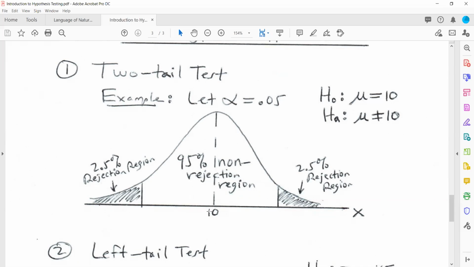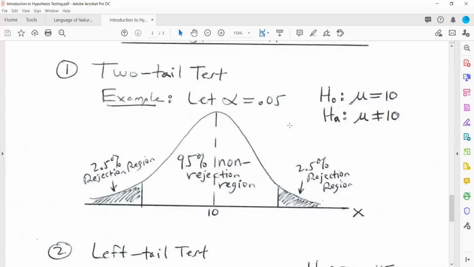That's our mean. And this is what we do. We say, all right, the area under the curve here is 2.5% of the total area. All right, the small area here, that's because half of alpha is 0.025, so it's 2.5%. And then we have another 2.5% on the left. We call both of the regions, which are part of that area, rejection regions.